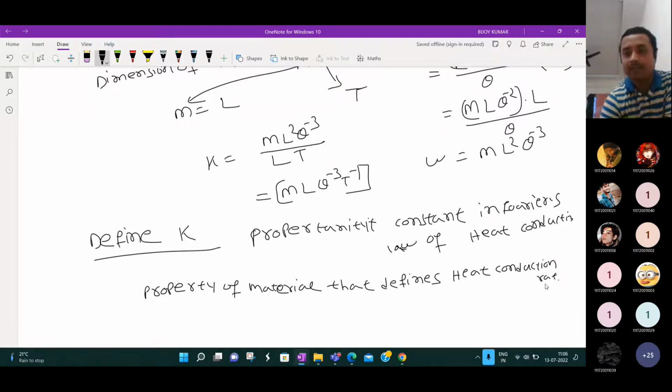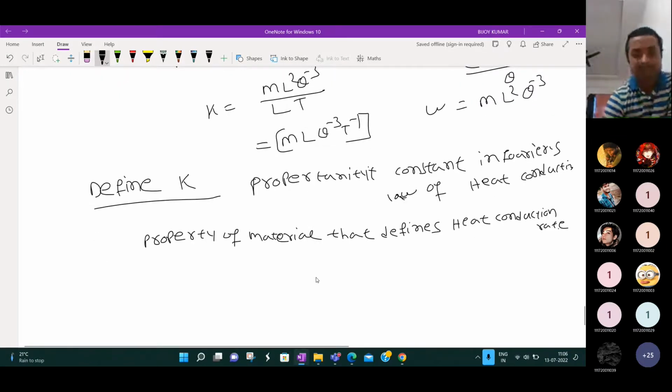Okay, these two definitions are clear. First, it is a proportionality constant in Fourier's law of heat conduction, the basic definition. Then, it is the property of material that defines the heat conduction rate. So another definition is there.